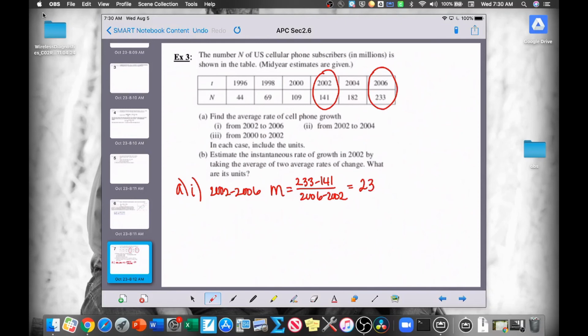Well, remember, our numerators are our phone subscribers, and our denominator is years. So our units here for our rate of change between these 2 years is going to be subscribers per year.